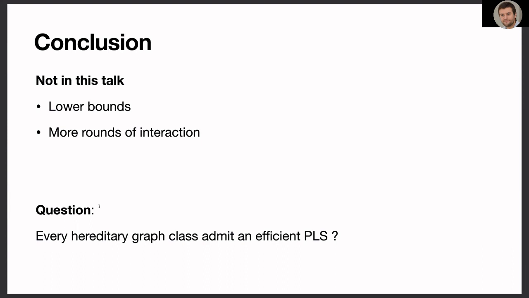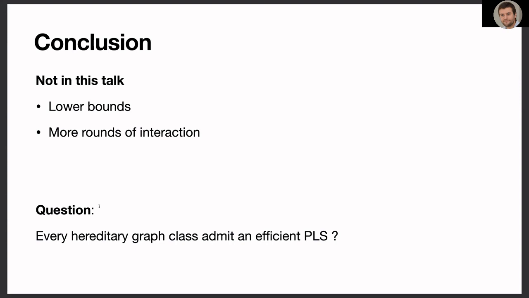I believe it is a very interesting question, because if it's true, it would imply that all these arguments that I gave here can be unified in a simple argument that allows a PLS for every hereditary graph class.